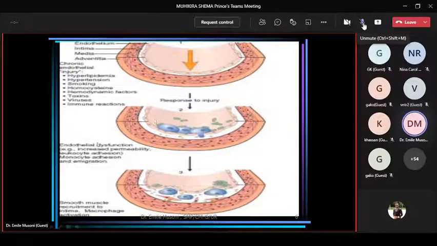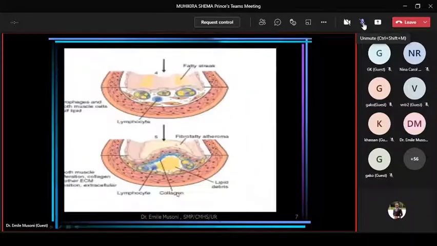Then there will be levels to the injury. There will be increased permeability, leukocyte adhesion, also monocyte adhesion, and the migration of those monocytes to the blood vessel wall. Then there will be involvement of the smooth muscle and recruitment of some macrophages. Here there is a macrophage. Here there is a lymphocyte.